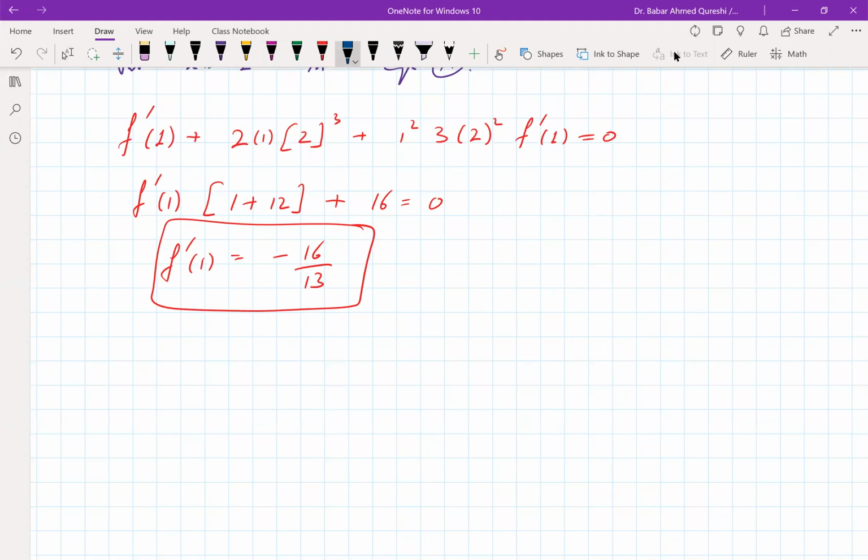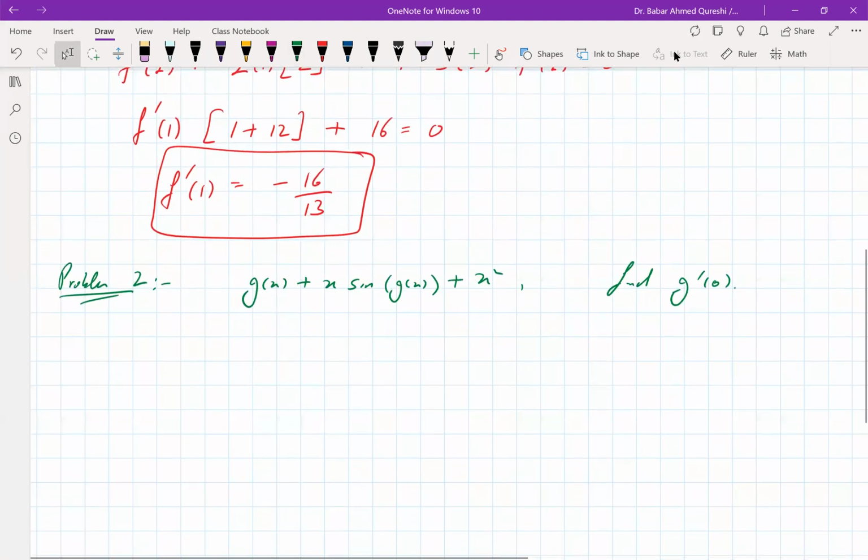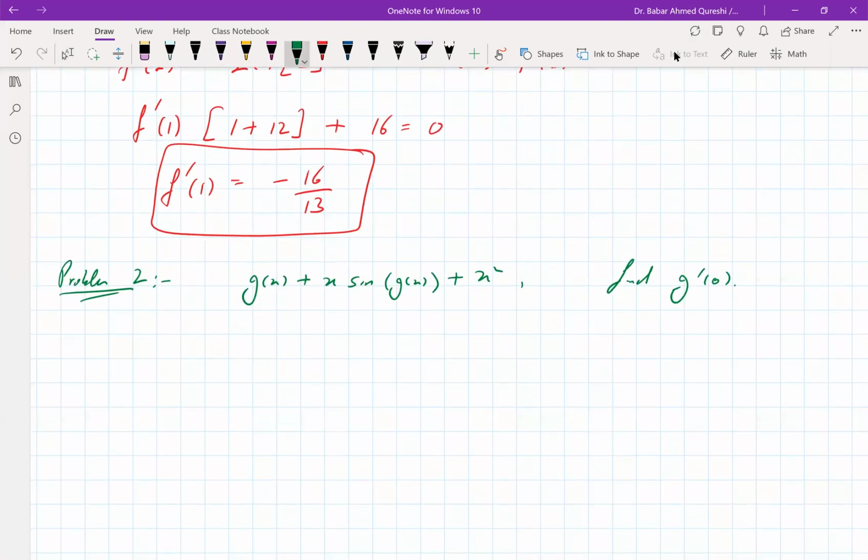Let's take a similar one. So here you are given this, and you have to find at 0 the derivative of g at 0.